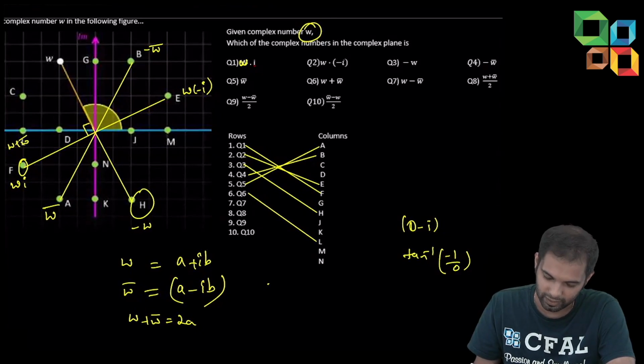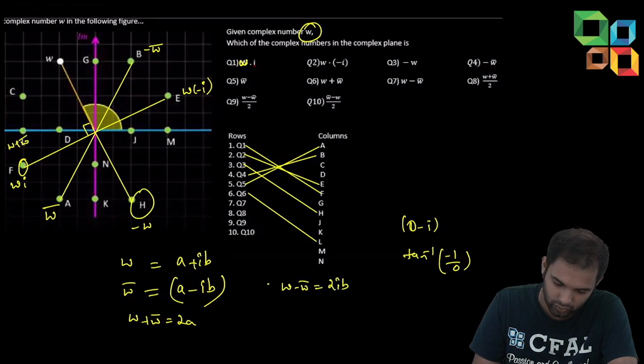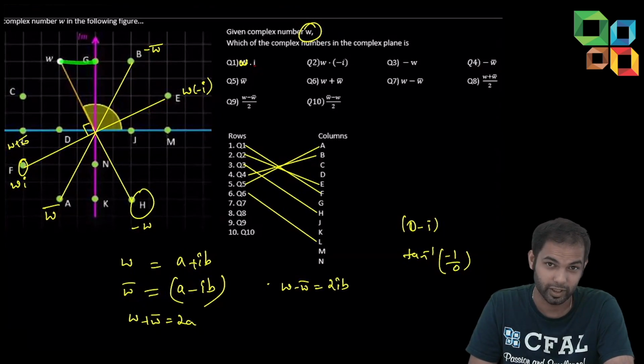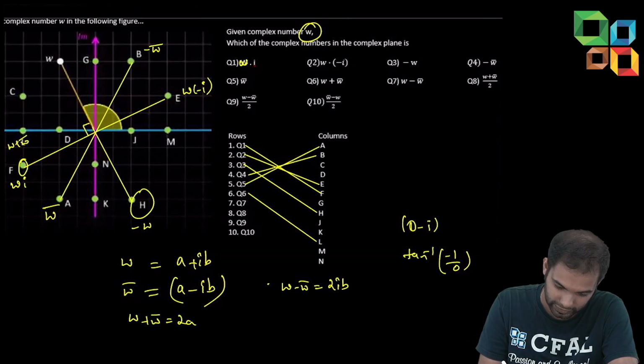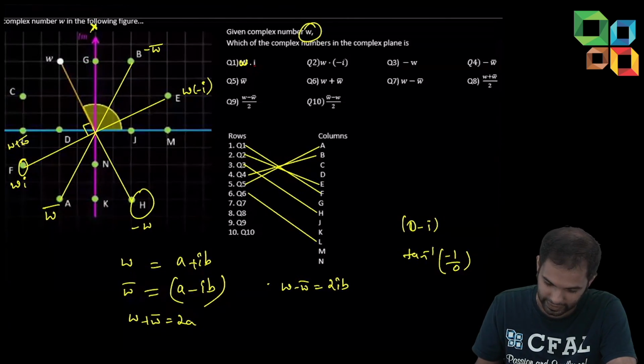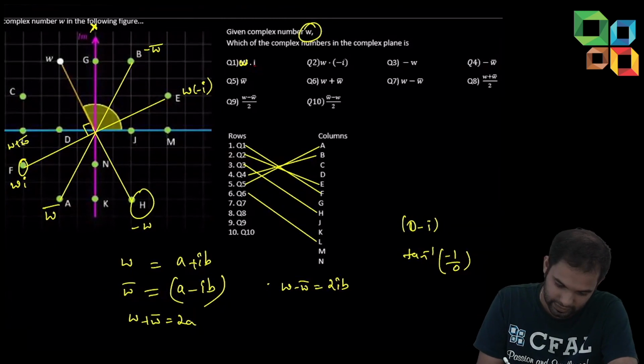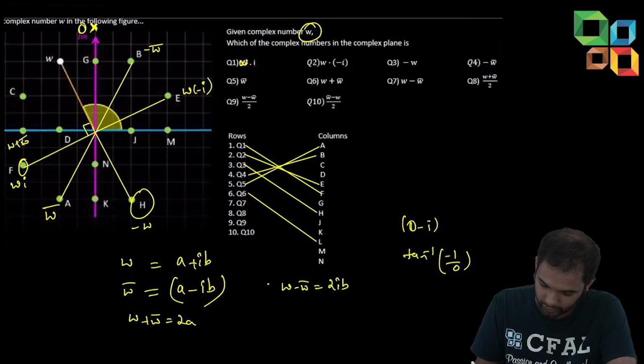W minus W bar. If I do that, W minus W bar, I'm going to get 2IB. Now, this is your imaginary part already. I should get twice that. It's not there in the graph at all. So let me just mark another point and name it as, say, O. And you have to map it to O. There's no answer for 7 in the current graph.